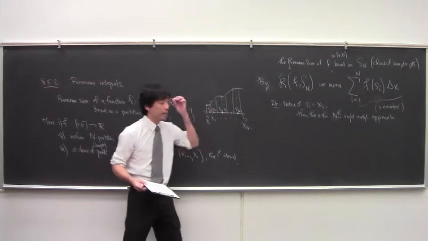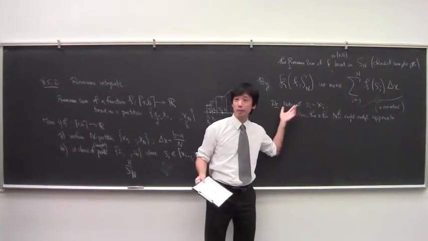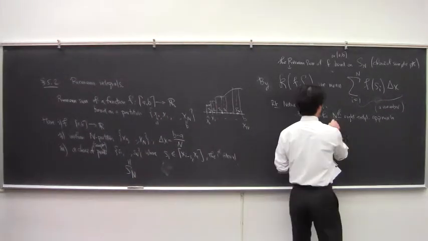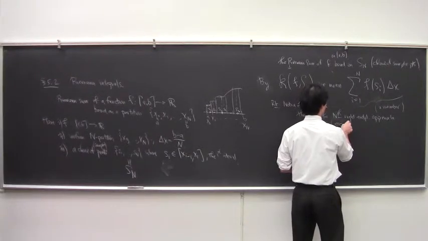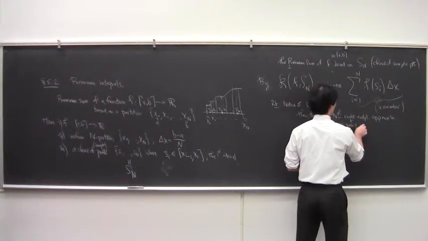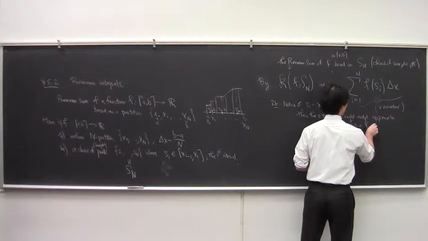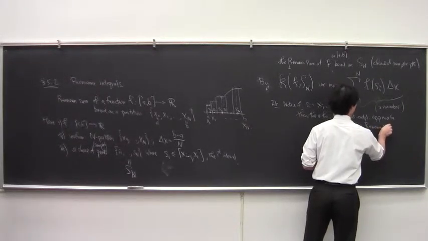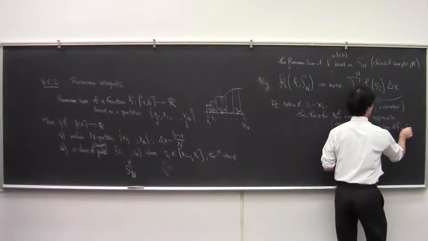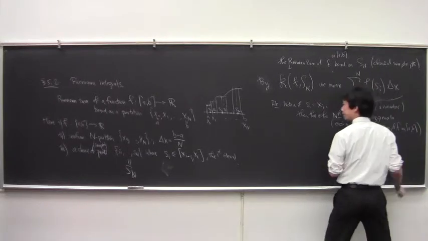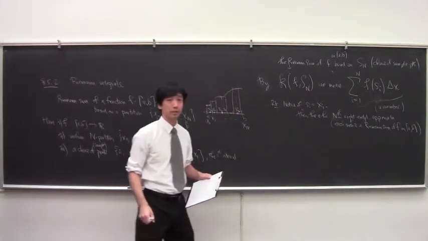So each of the right endpoint approximations is a Riemann sum.